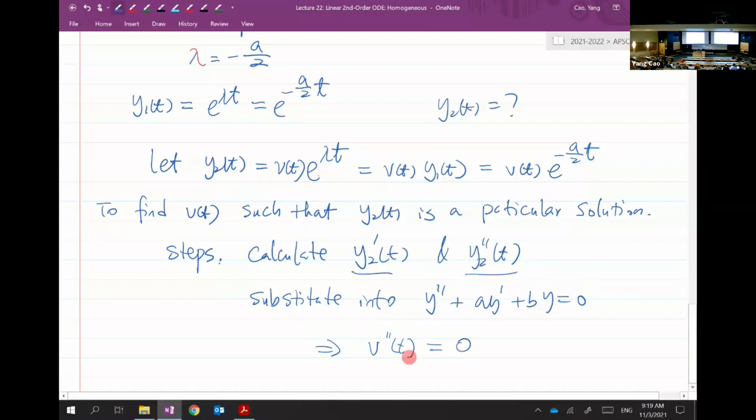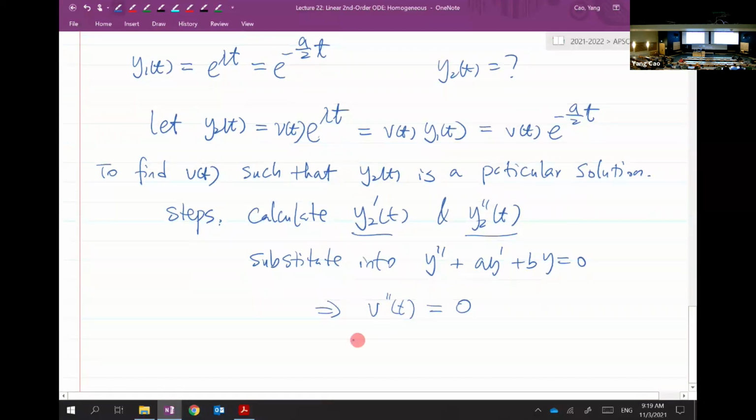So if you do this step, then the only solution to make this a particular solution is v double prime of t equal to 0. So what does v double prime of t equal to 0 mean? When a function's second order derivative is 0, that means its first order derivative must be constant.